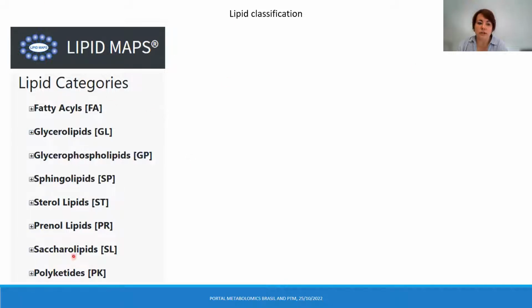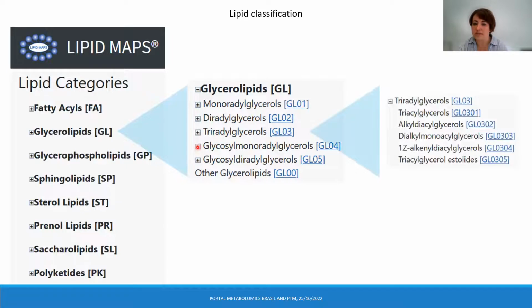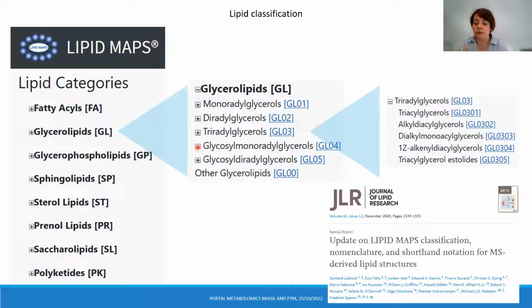And we can see here 8 main lipid categories, which can be further subcategorized to classes and subclasses, with examples given for each and every class. And as I told, frequently, every 2-3 years, there is an update on classification. New classes are added because, for example, new lipids were discovered.